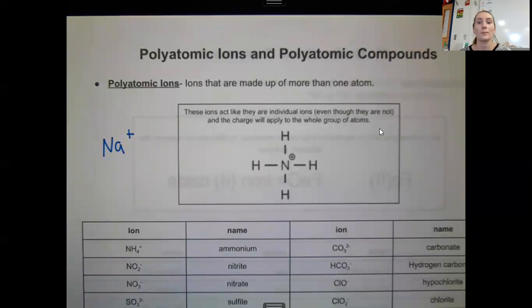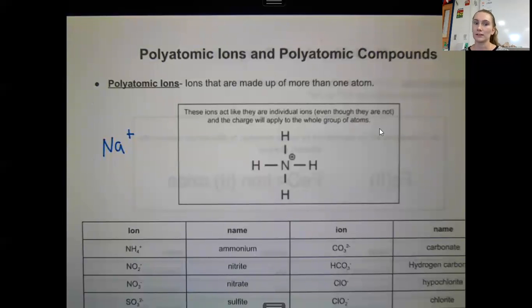Ammonium is a nitrogen bonded to 4 different hydrogens, and that whole compound encompasses a positive charge.